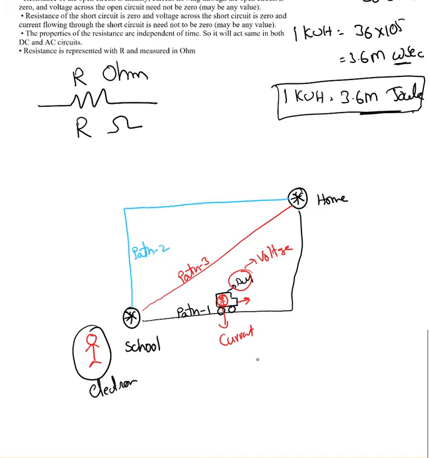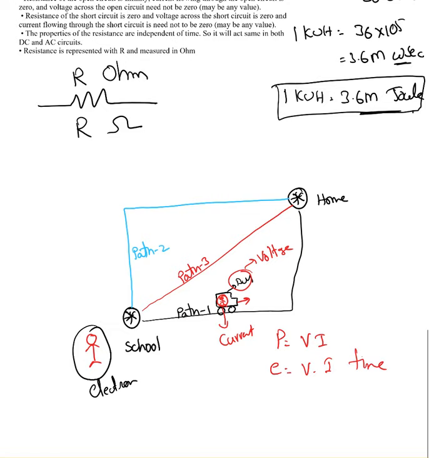Power P equals V times I. How many vehicles are there, how many passengers are there, that's power. And energy is how many vehicles, how many passengers, times how much time it takes to reach your destination. That's the energy.